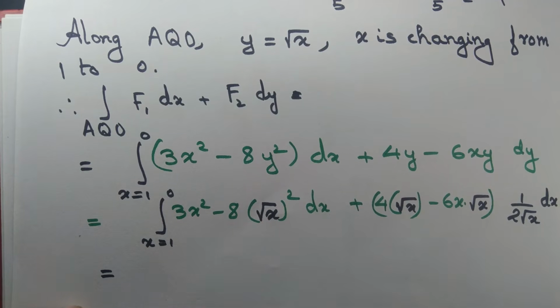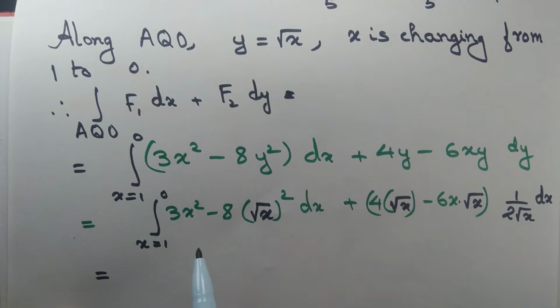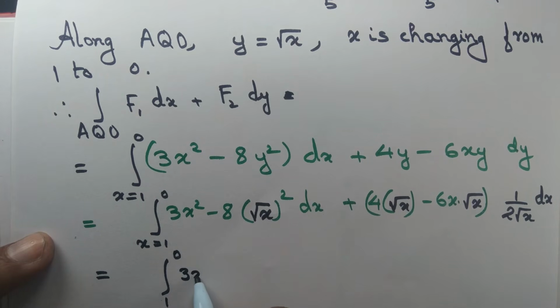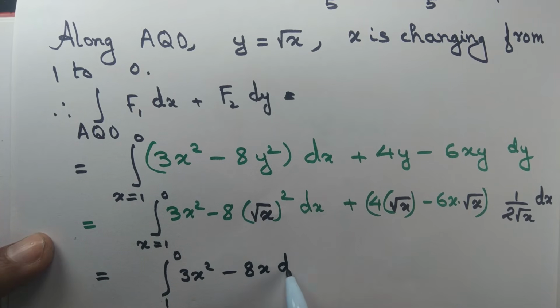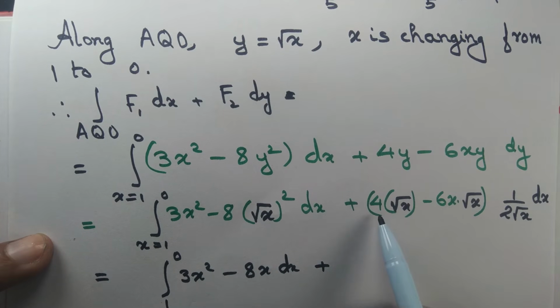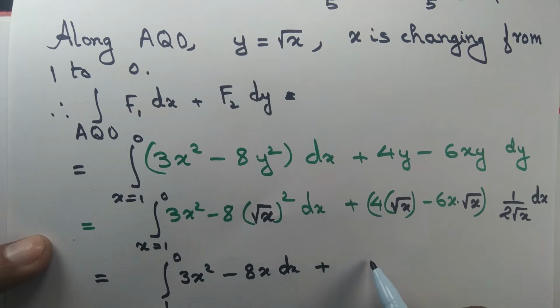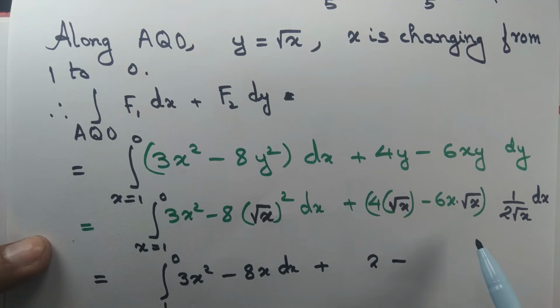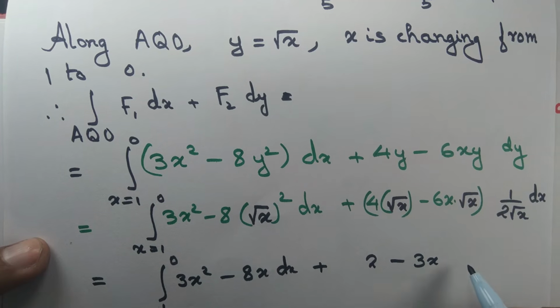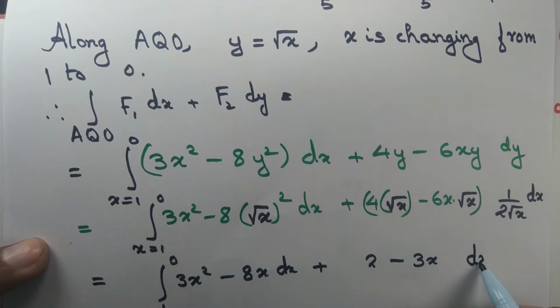Let's solve it. So we have integral from 1 to 0 of 3x square minus 8x dx plus, we can cancel 2 root x, so we are left with 2 minus 3x dx.